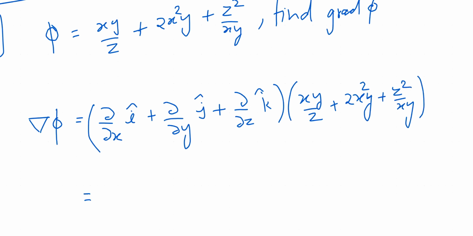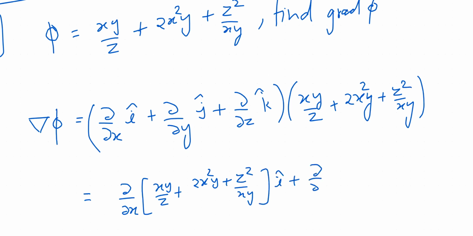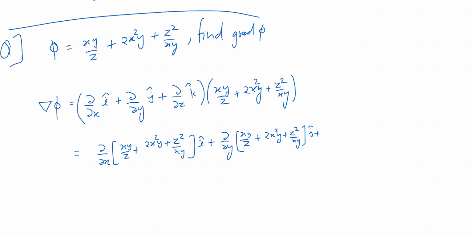Del over del x of xy over z plus 2x square y plus z square over xy into i cap plus del over del y of the same phi into j cap plus del over del z of x into y over z plus 2x square into y plus z square over xy into k cap.